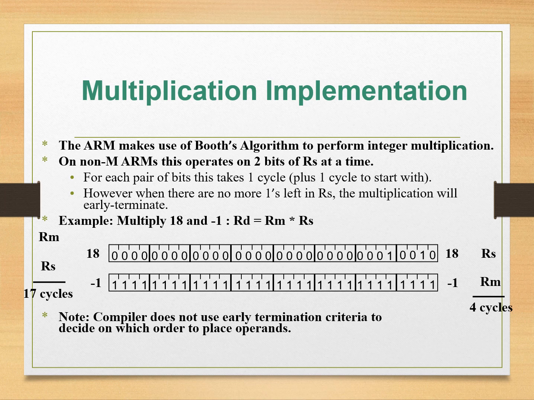Okay, note the compiler does not use the early termination criteria to decide which order to place the operands. If you look here, this multiplication will require 4 cycles, while if you do it the other way around, it will take 17 cycles.